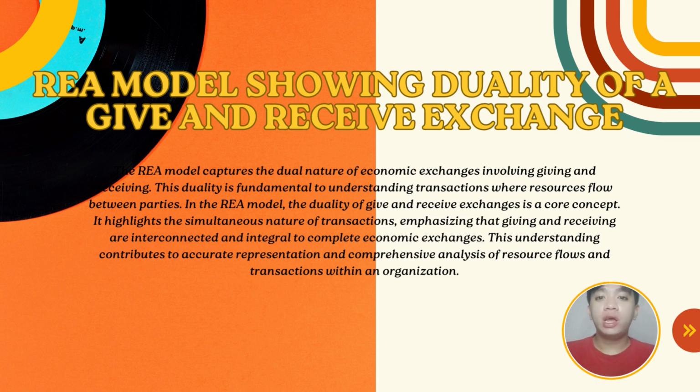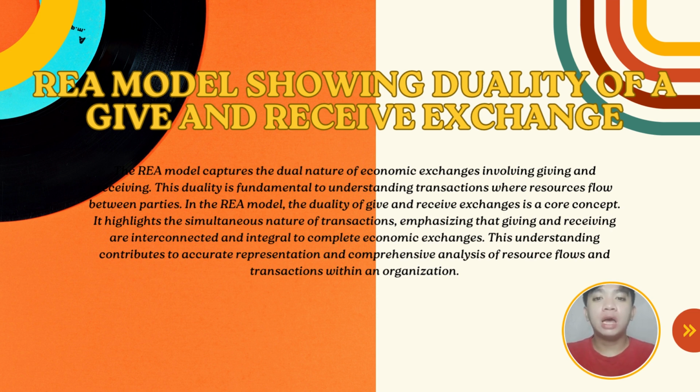The REA model captures the dual nature of economic exchange involving giving and receiving. This duality is fundamental to understanding transactions where resources flow between parties. In the REA model, the duality of give and receive exchanges is a core concept.